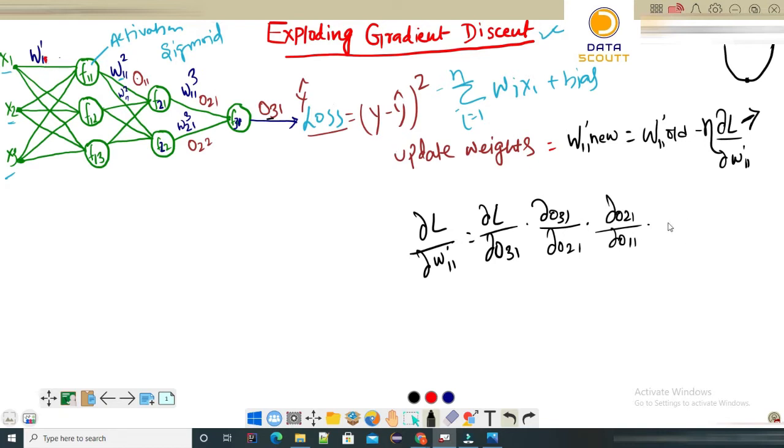So the derivative of output O11 with respect to weight W11. We know from the chain rule formula, if I cancel all of this out, only this and this will be left, which is nothing but this.